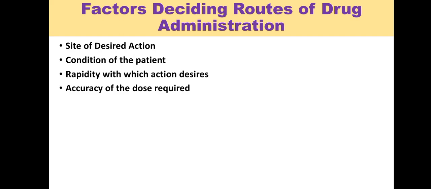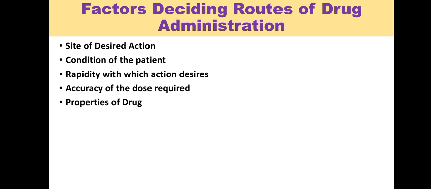Say for example, 5 microgram per kg per minute administration is required. The reason is that you require a fixed plasma concentration over a prolonged period of time. In that case, the drug has to be administered by intravenous infusion. This is one of the major indications for administration of the drug through intravenous infusion.